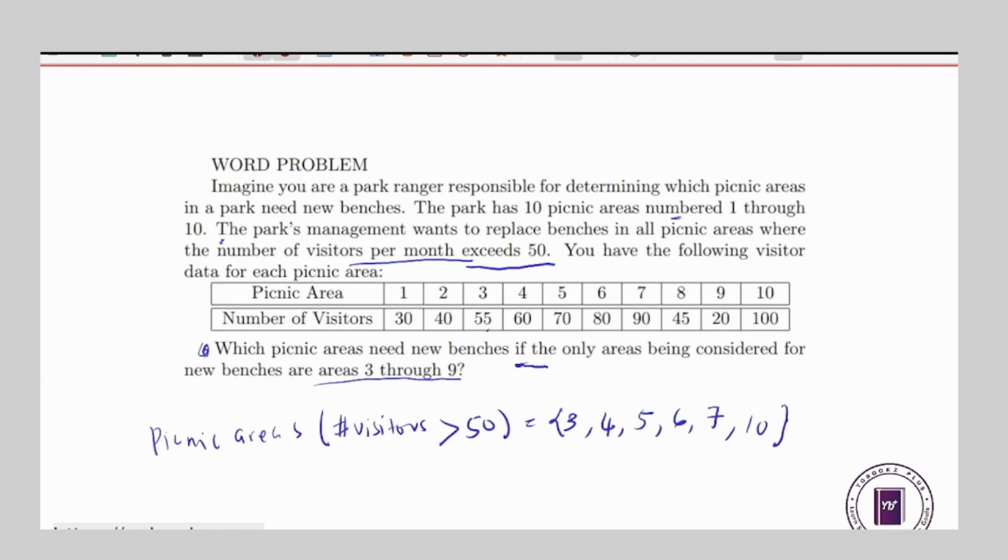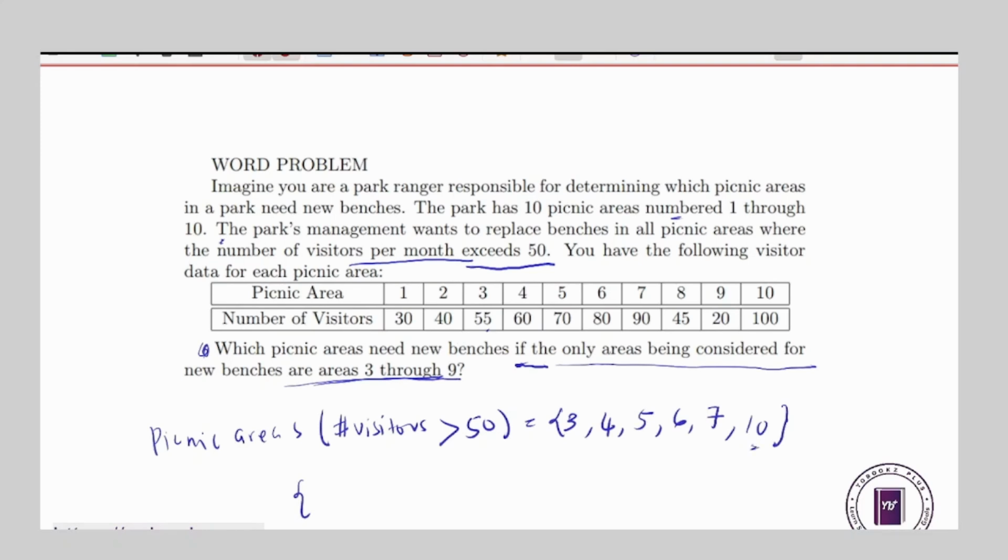Now let's look at the second condition we're given. We are told that we should look for the picnic areas that need new benches if the only areas being considered for the new benches are areas 3 through 9. So, from this, we have to select our answer, right? The areas to be considered are 3 through 9, and we see a number that goes beyond 9.